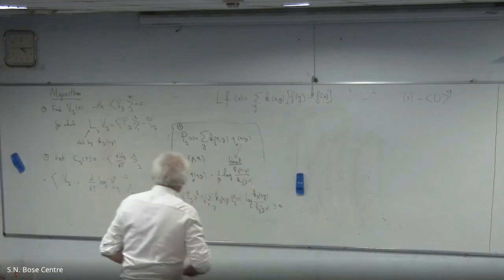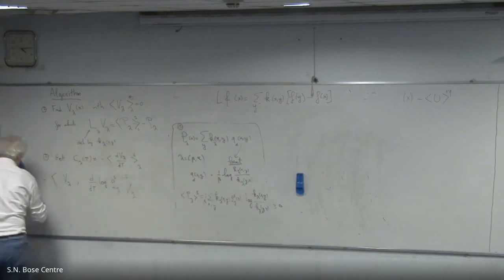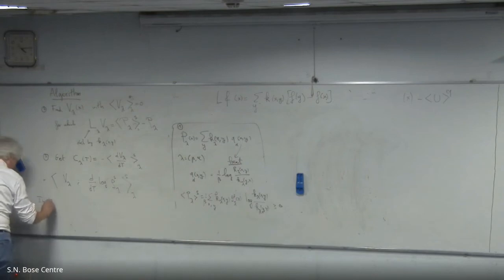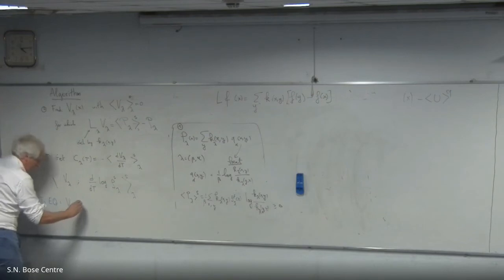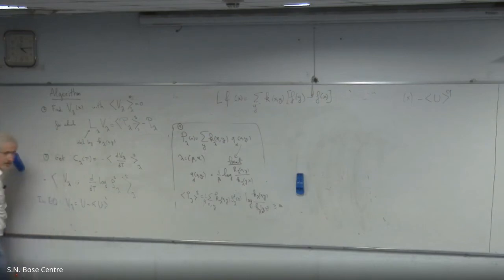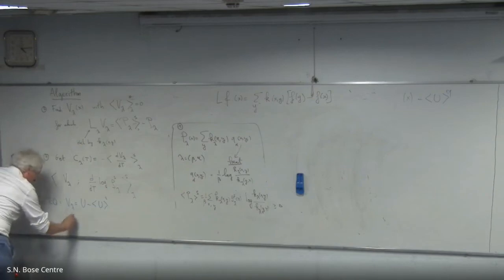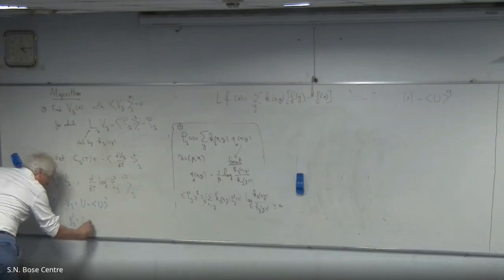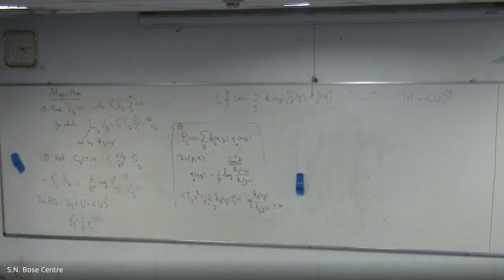In equilibrium, the V lambda is just equal to the potential minus its average in the stationary state. And rho s is just 1 over the partition function e to the minus beta times the energy.